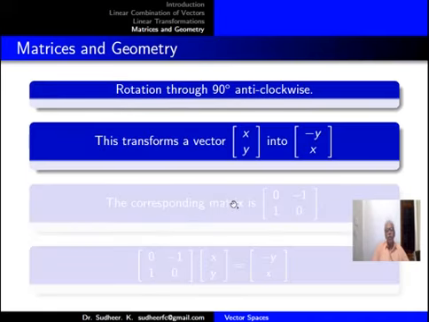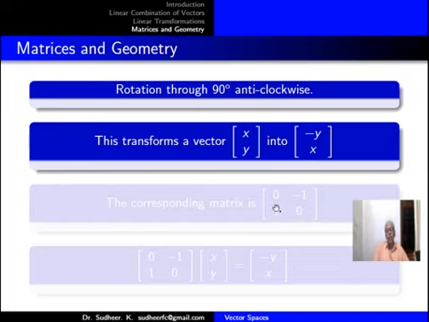Now the transformation will be making the vector (x, y) to (-y, x). So the vector (x, y) is taken to (-y, x) means the point (1, 0) will be moved to (0, 1) and the point (0, 1) will be moved to (-1, 0).